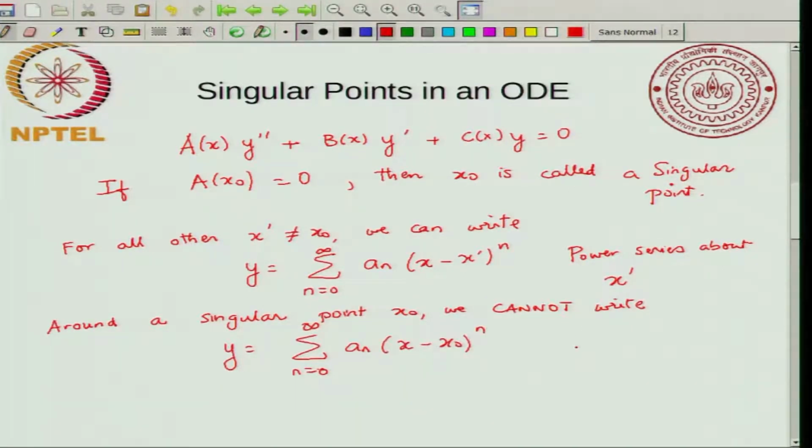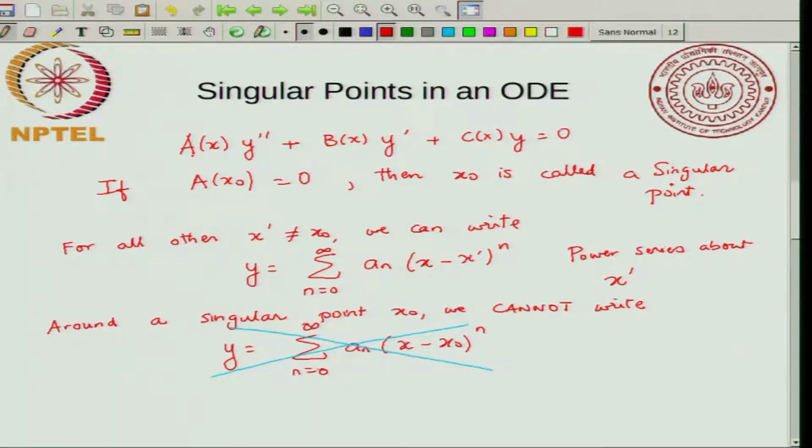So this cannot be written. You cannot write this about a singular point. If x 0 is a singular point, you cannot write a power series solution about that. Now, what is a singular point? A singular point is where your a goes to 0.